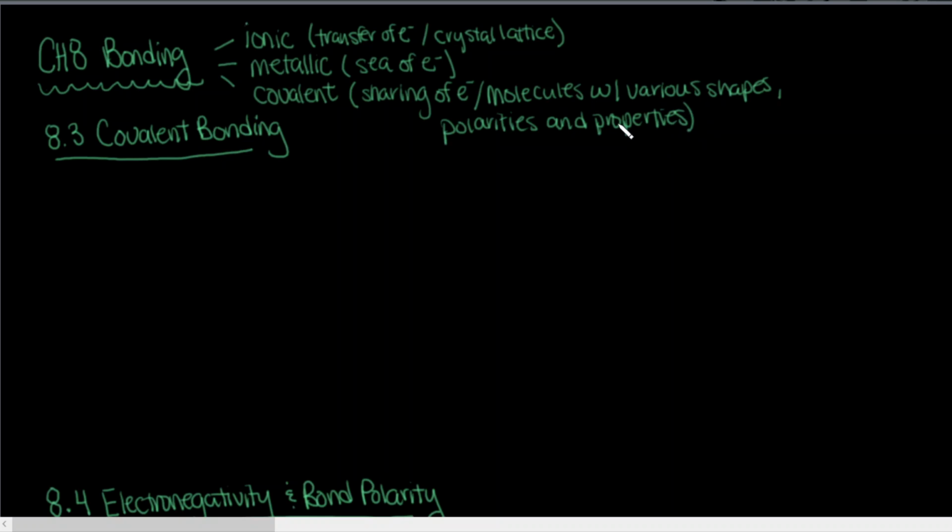So generally speaking, covalent substances have lower melting and boiling points than ionic compounds, but covalent compounds are not always a solid at room temperature like ionic. They can be solid, they can be liquid, they can be gas.